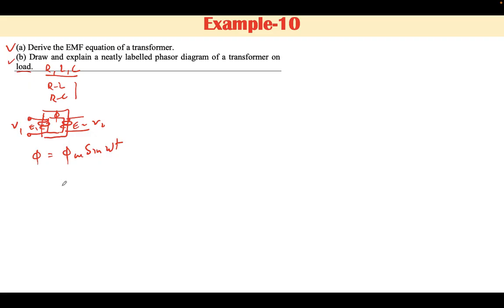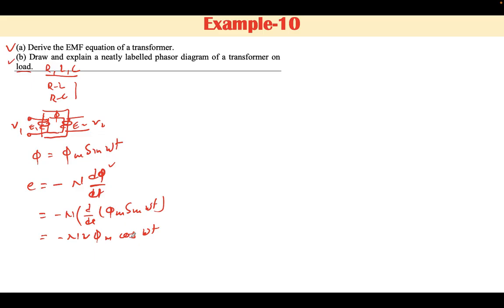By definition, we know E is equal to minus n d phi by dt. Putting the value of phi over here, it will be minus d upon dt of phi m sine of omega t. Differentiating this function gives us the resultant value of minus n omega phi m cos of omega t.